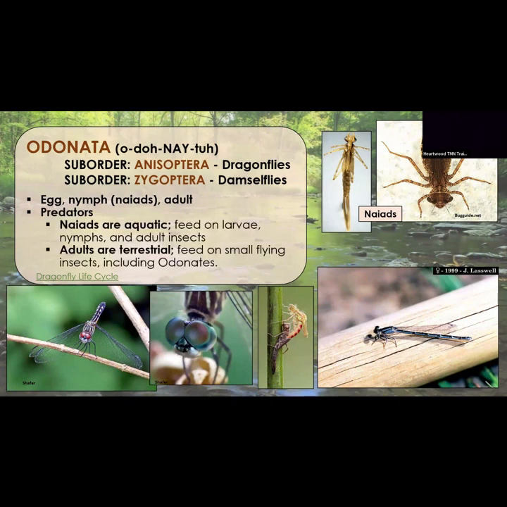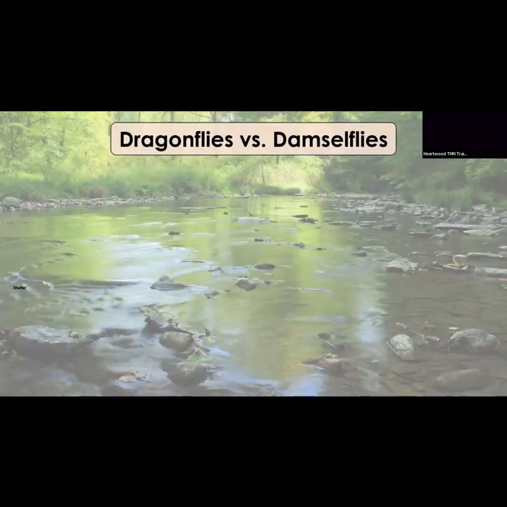Their naiads are also aquatic. So eggs are laid in the water, naiads hatch, they emerge, hang on a blade of grass, undergo some molting, and then that's when the adult will emerge out of it.